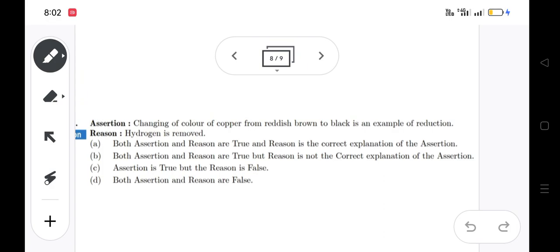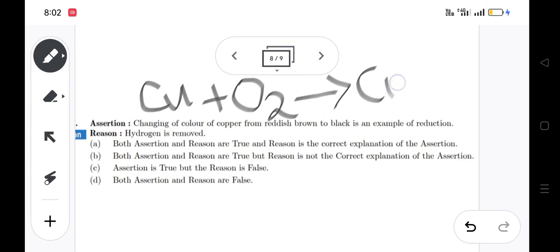Assertion: Changing of color of copper from reddish brown to black is an example of reduction. Reason: Hydrogen is removed. See, copper is reddish brown. Conversion of copper to the black colored substance, copper oxide, is actually not a reduction, it is oxidation.